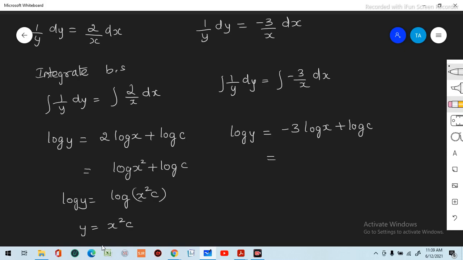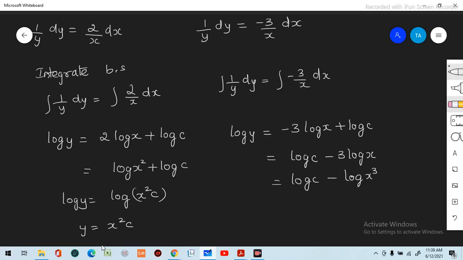See, can I write like this? Log c minus 3 log x. So this is a plus term, this is a minus term. So log c I have written first, minus 3 log x in the second part. Is it fine? Now can I write like this? Log x to the power minus... no, only 3 I am taking.